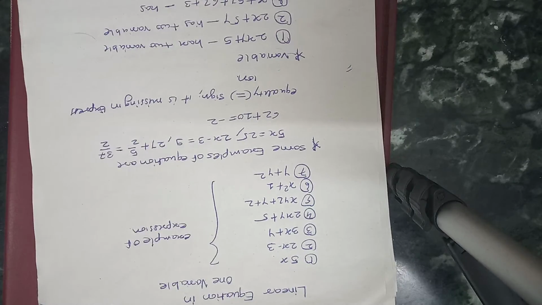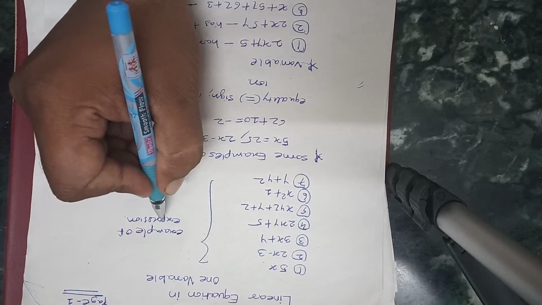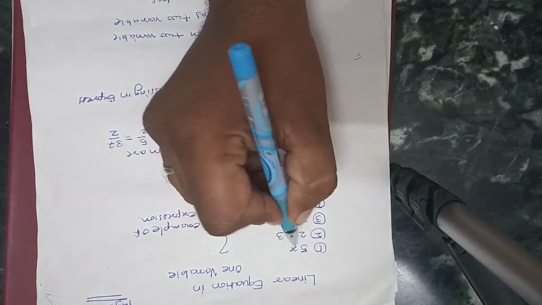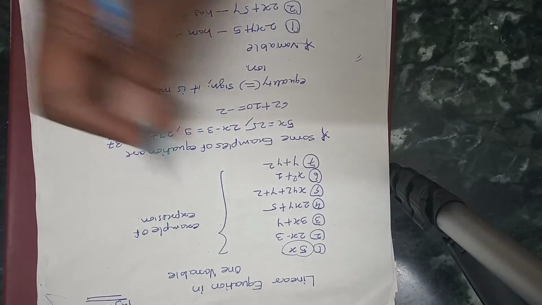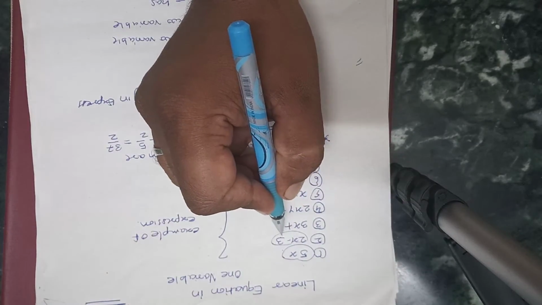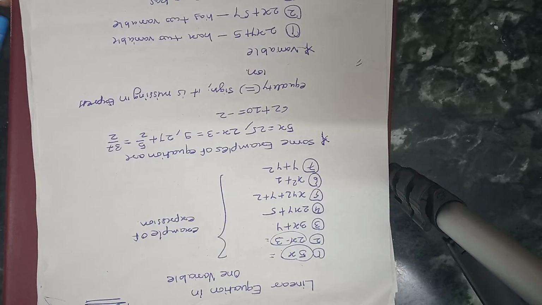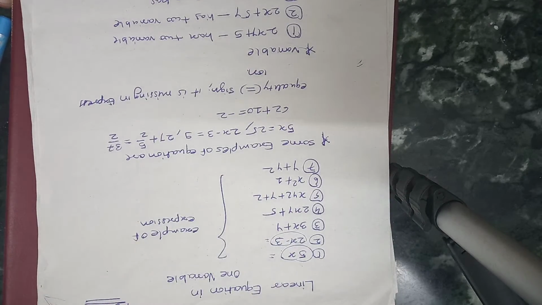Here I have written that these are examples of expression, because 5x is only the LHS side, same 2x minus 3 is LHS side, there is no equality sign here, no entity present on the right side. So as per maths rule we will call it an expression.